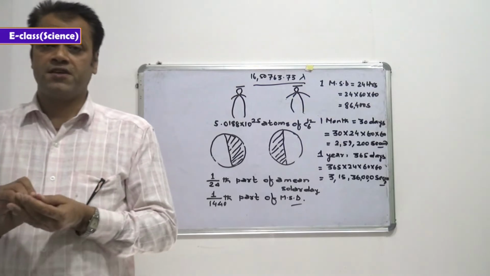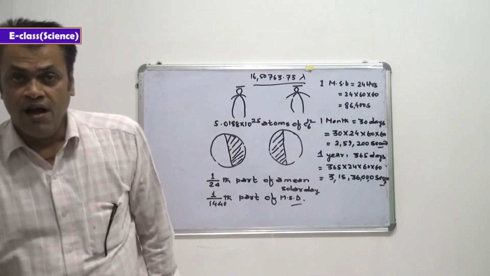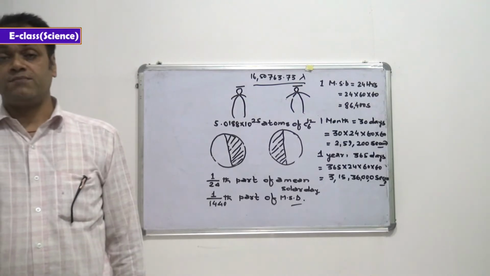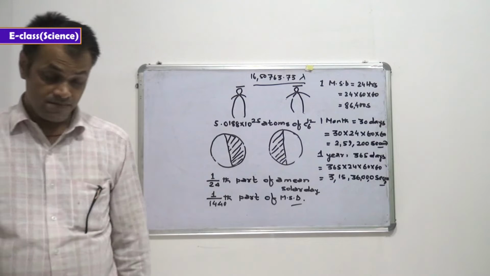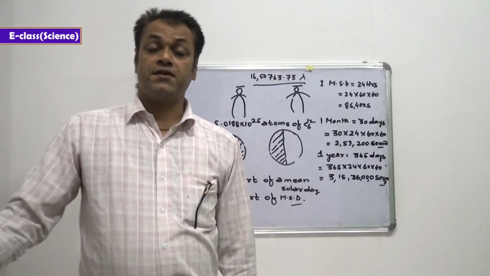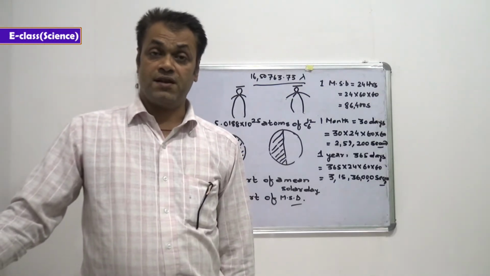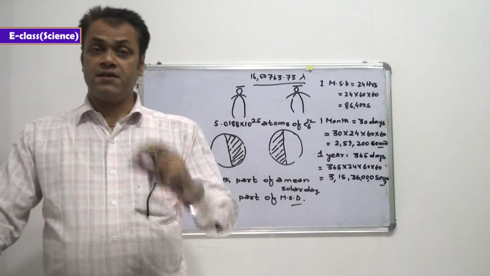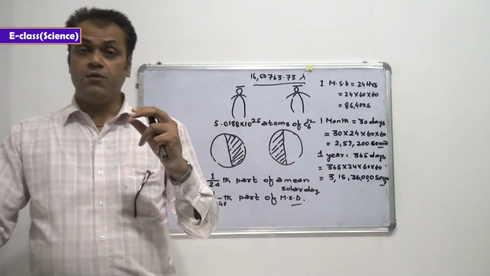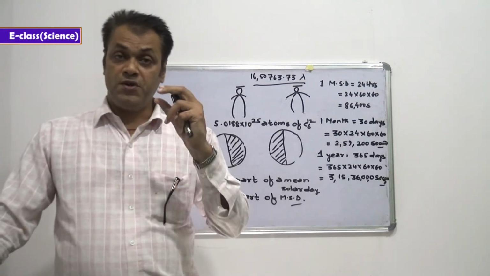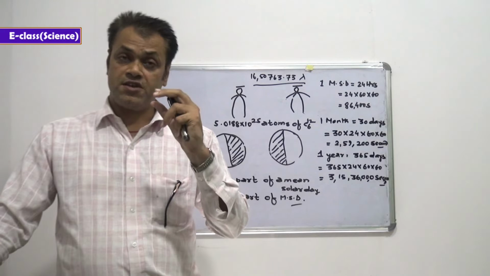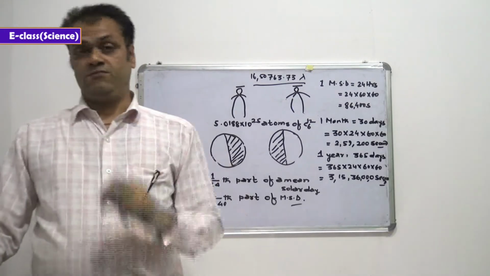Now 1 standard second. A cesium-133 atom emits electromagnetic radiation of several wavelengths. A particular radiation is selected for the transition between 2 hyperfine levels in the ground state of the cesium atom.